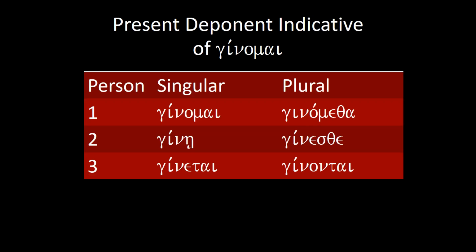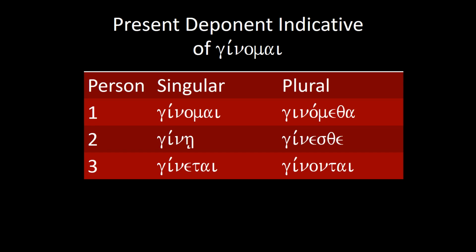So here's a verb that's a deponent. It's ginomai, a very common verb. It can mean I am or I become. There's no active form on this tense. Ginomai, gine, ginetai, ginomatha, ginesthe, ginuntai.